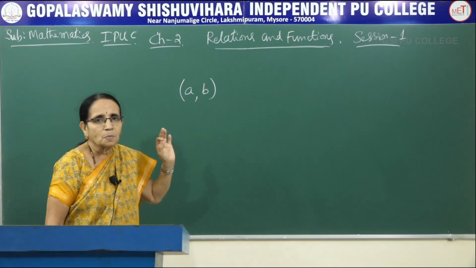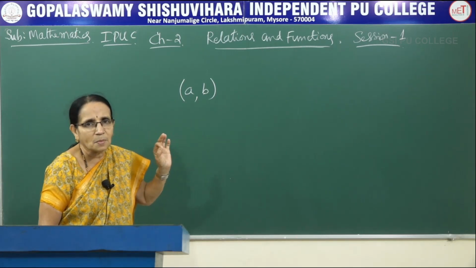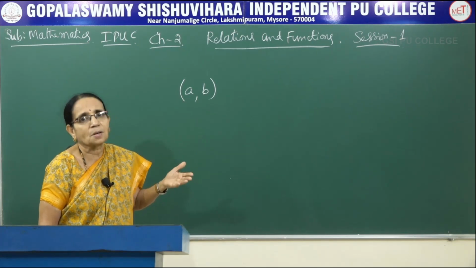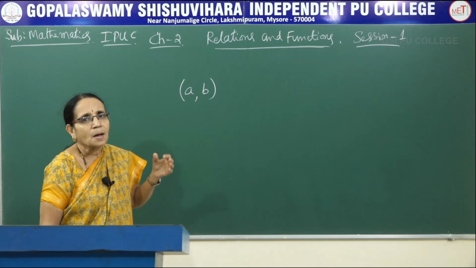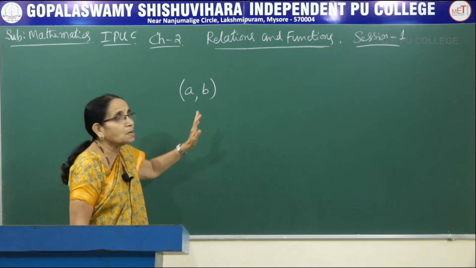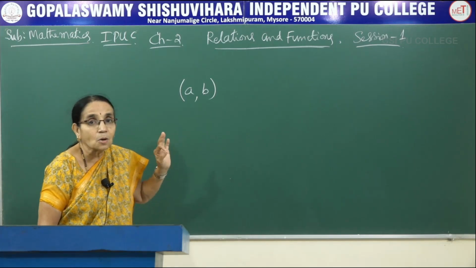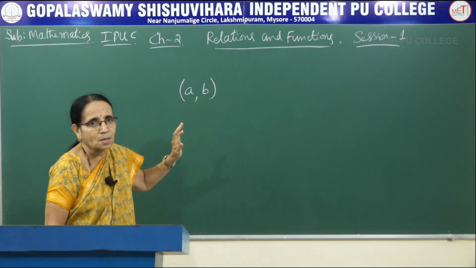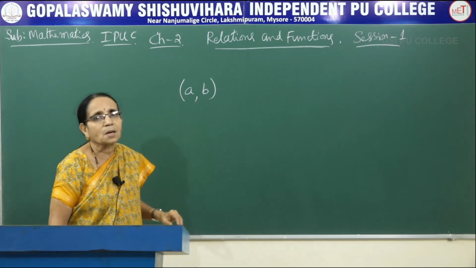So an ordered pair is a pair of elements, or a pair of numbers also we can say, but always we may not consider numbers. That is why in general we say an ordered pair is a pair of elements enclosed in ordinary brackets, separated by a comma. That comma should be written there, and it is written in a particular order.